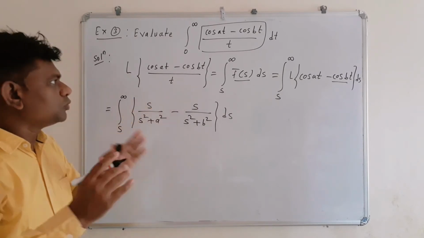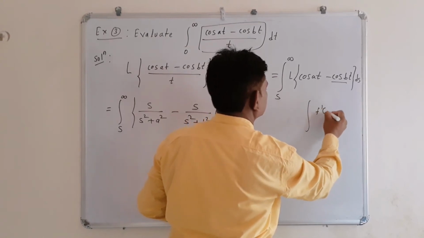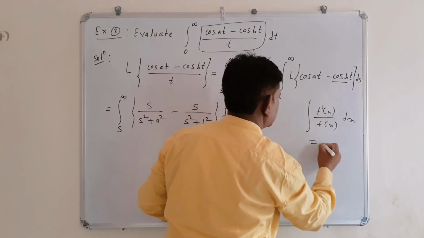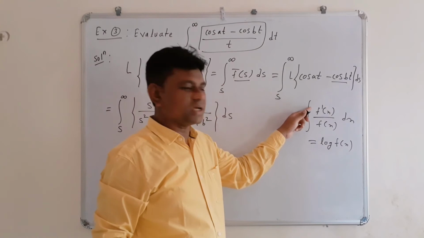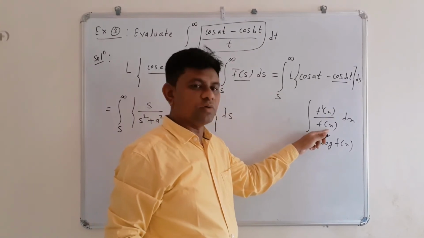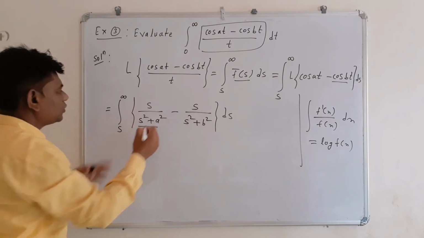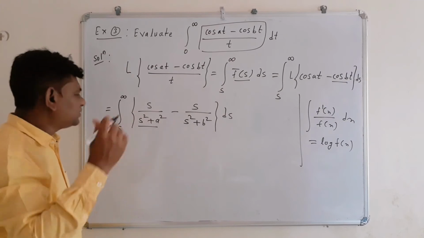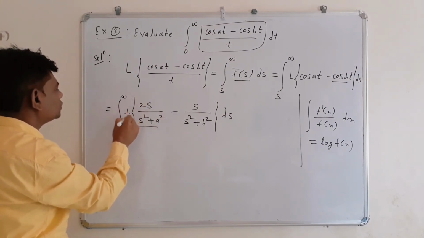Now we know that the integral of f dash of x upon fx dx is equal to log of fx. So this f dash of x is the derivative of fx. For s square plus a square, the derivative is 2 times s. So here we are adjusting 2.